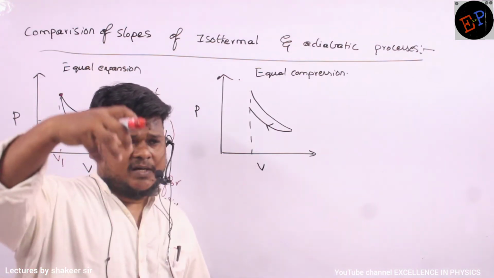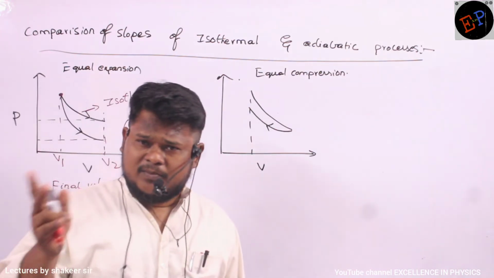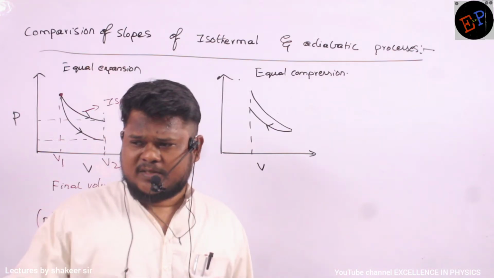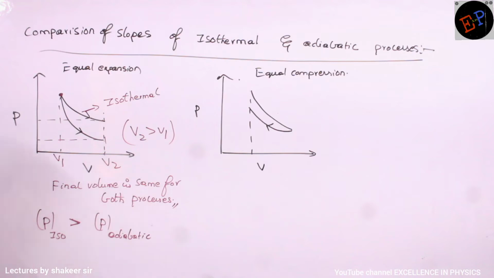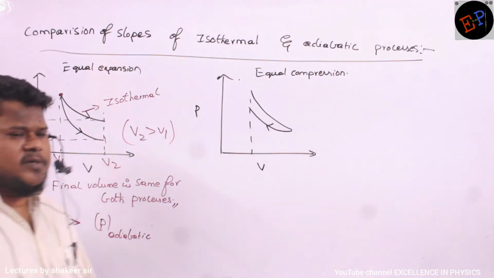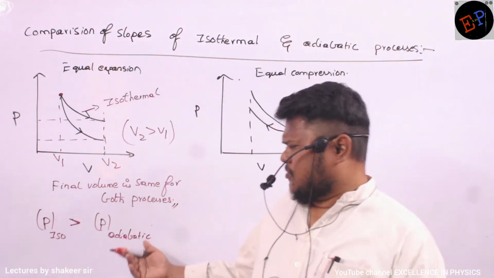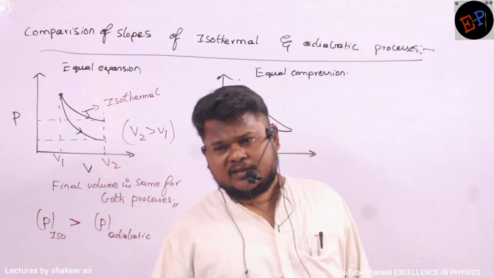I have expanded the gas to 2 liters of volume, in both processes, isothermal as well as adiabatic. Initial volume is also the same, final volume also the same. But I see that the pressure of the isothermal process is greater than the pressure of the adiabatic process. Why is it like this? Is it slow or fast? Why did I get a slope like that?